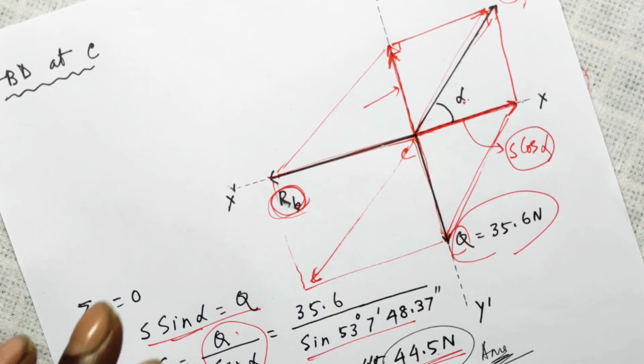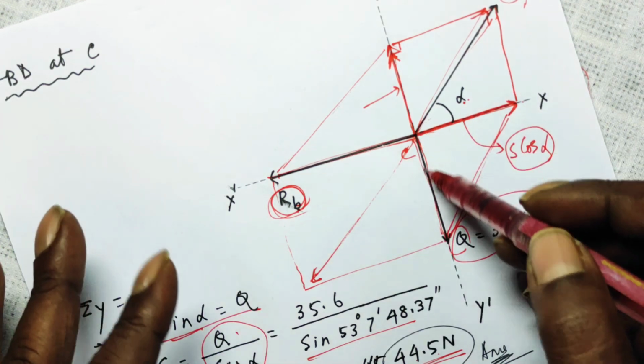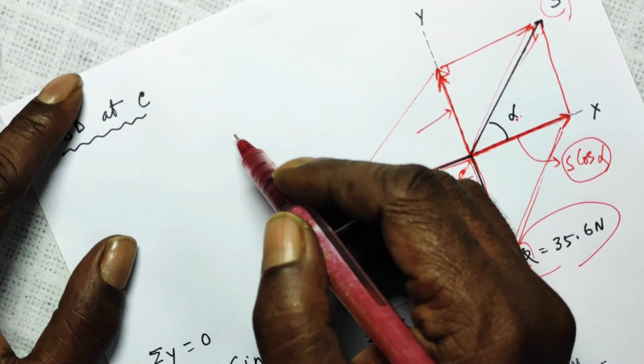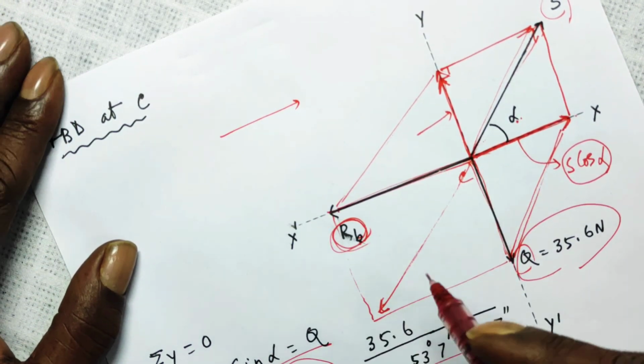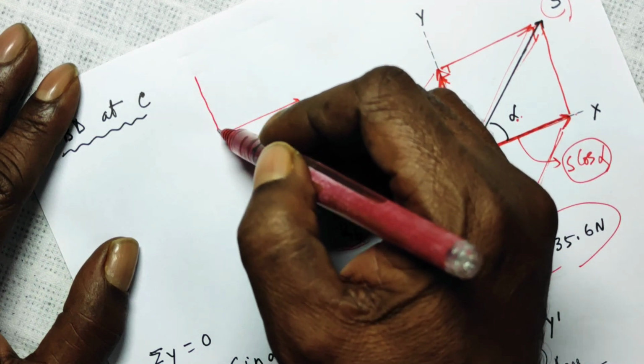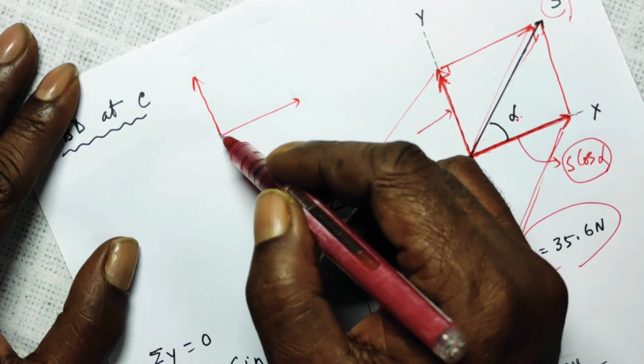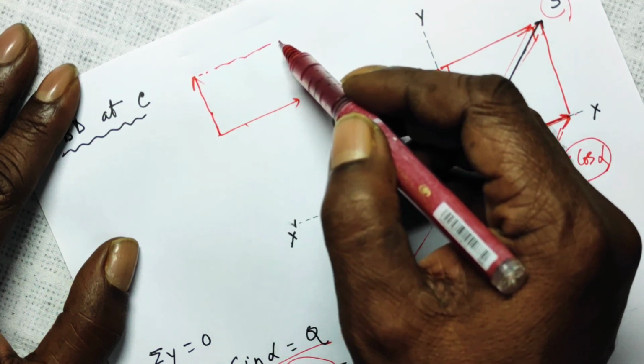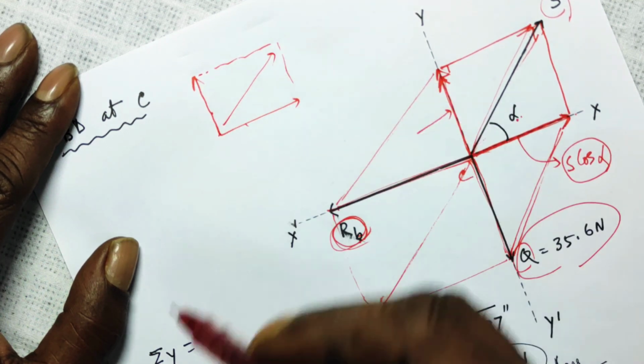So the three forces have to be concurrent. What I mean to say is, supposing you have a force like this and another force like this, both concurrent here, their resultant, if you draw a parallelogram, will be to this side.